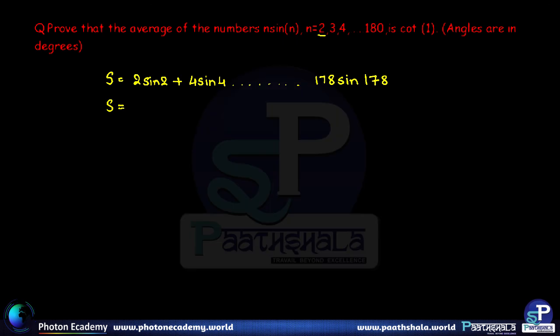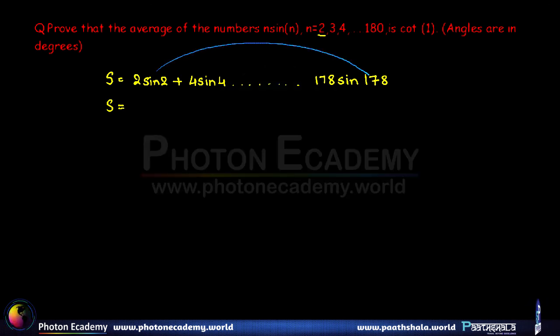Okay. Now let's do one thing. Let's write the same thing again, but this time we will write it in opposite order. That is, first we will write 178 sine 178, then we will write 176 sine 176, and so on. And the reason for doing that is, if you observe the sine of 2 and sine of 178, you will notice that both of them will have equal values, because we know that sine theta is equal to sine of 180 minus theta.